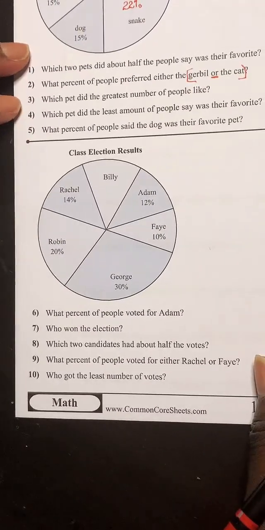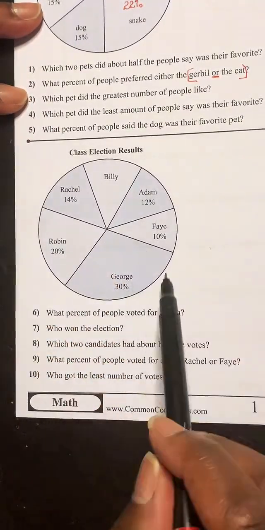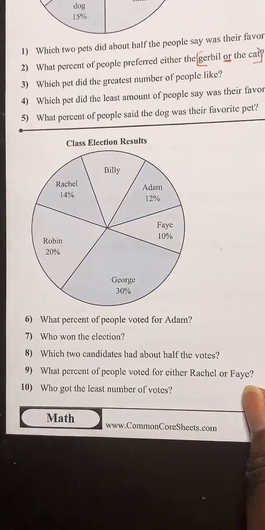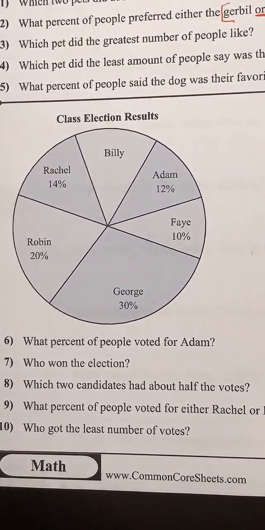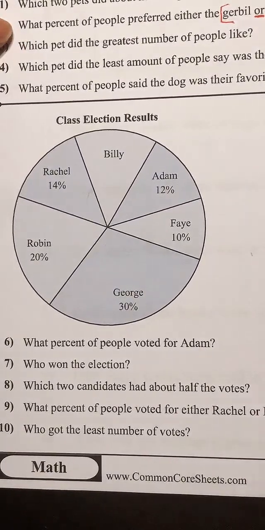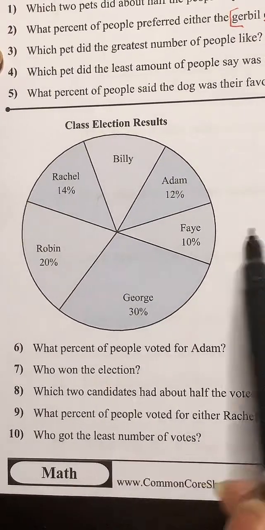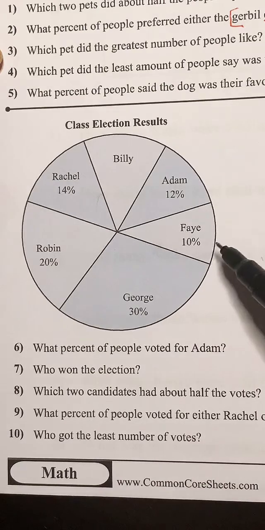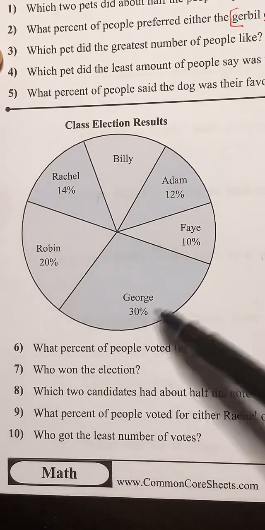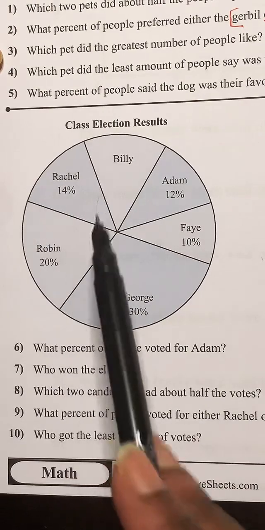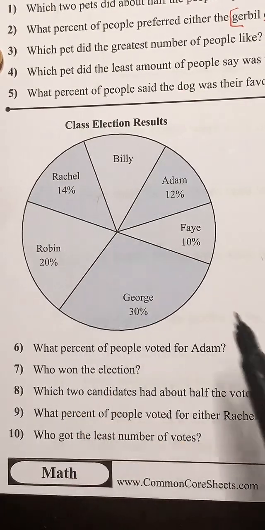So here's another scenario. We got class selection results. Let me zoom in for you guys so you can see. We have Adam at 12%, Faye at 10%, George a whopping 30%, Robin 20%, Rachel at 14%.